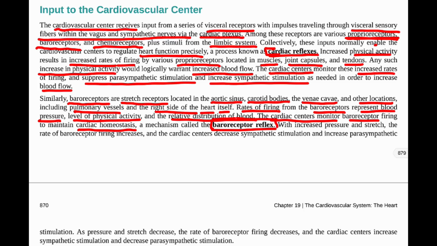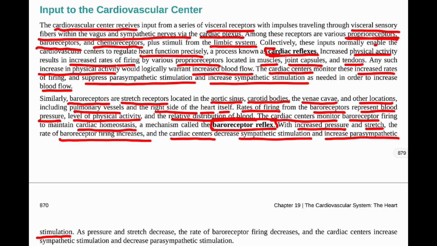So with increased pressure and stretch, the rate of baroreceptor firing increases. And then the cardiac center is going to again decrease sympathetic stimulation and increase parasympathetic stimulation. Okay, so if we have a baroreceptor firing, that means that there's a high amount of pressure there. And then the body says, oh boy, we've got high blood pressure, we need to decrease that blood pressure.